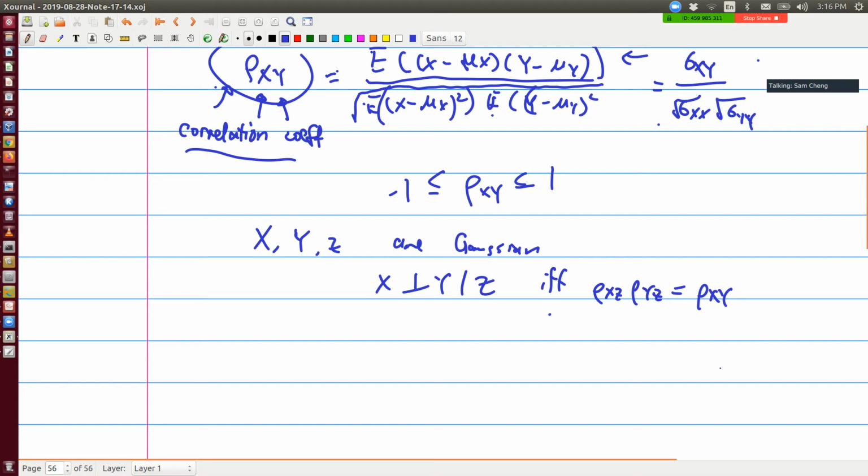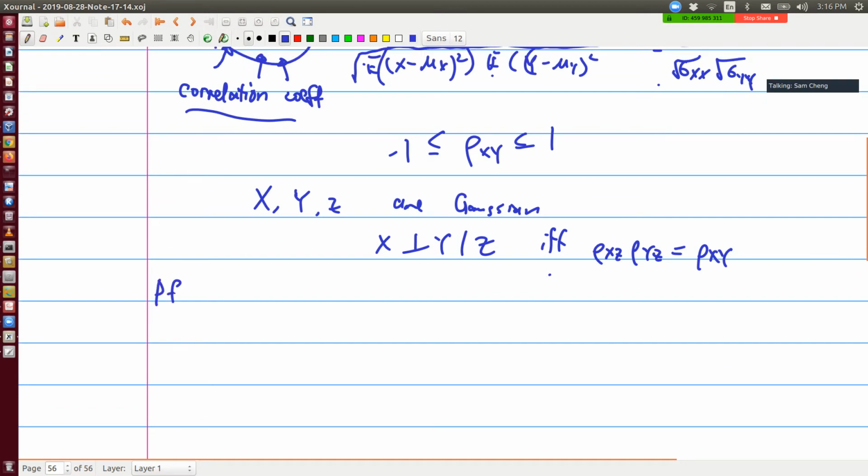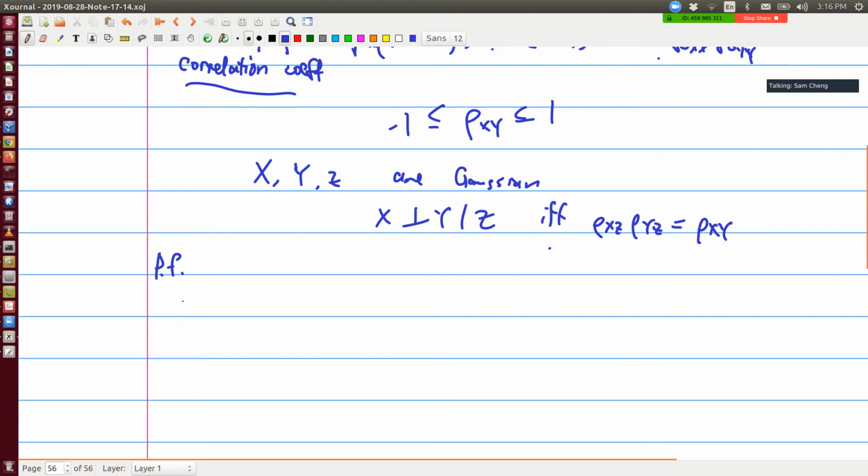This is pretty easy to show because we basically just use our results from earlier. If I write x, y, z as one vector, without loss of generality let me assume it is zero mean. It'll be easier.